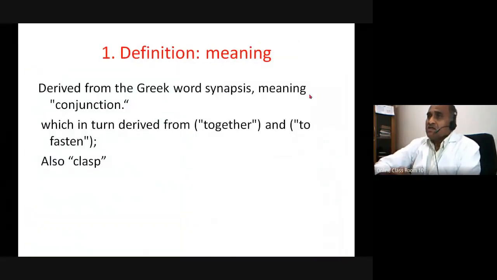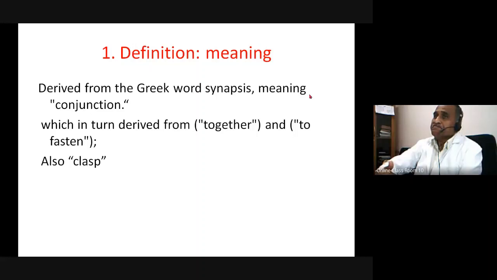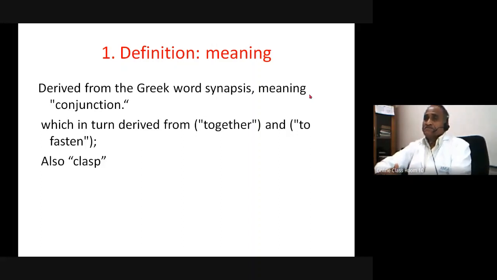Move on. What is the definition of a synapse? Before that, what is the meaning of a synapse? The word synapse is derived from a Greek word, synapsis. The meaning of this is conjunction, joining together, which in turn has derived from together.